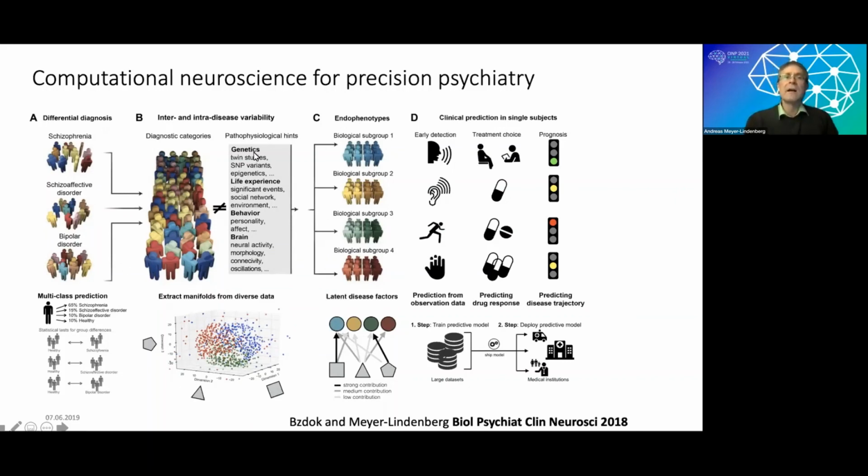But if we understand the genetic, behavioral, and also the neurosystems-level concomitants, the hope is that we can then sort them into more homogeneous endophenotypes that we can link to the necessary psychotherapies, pharmacotherapies, and preventions.